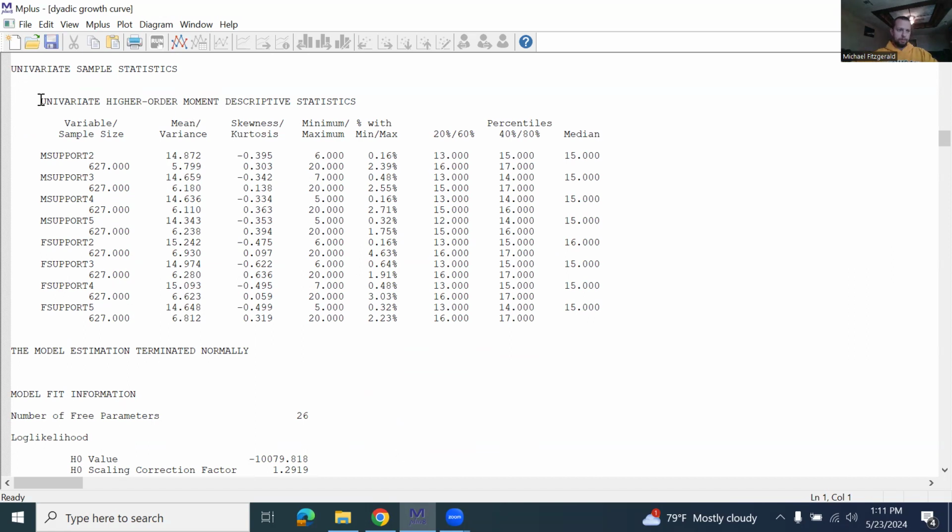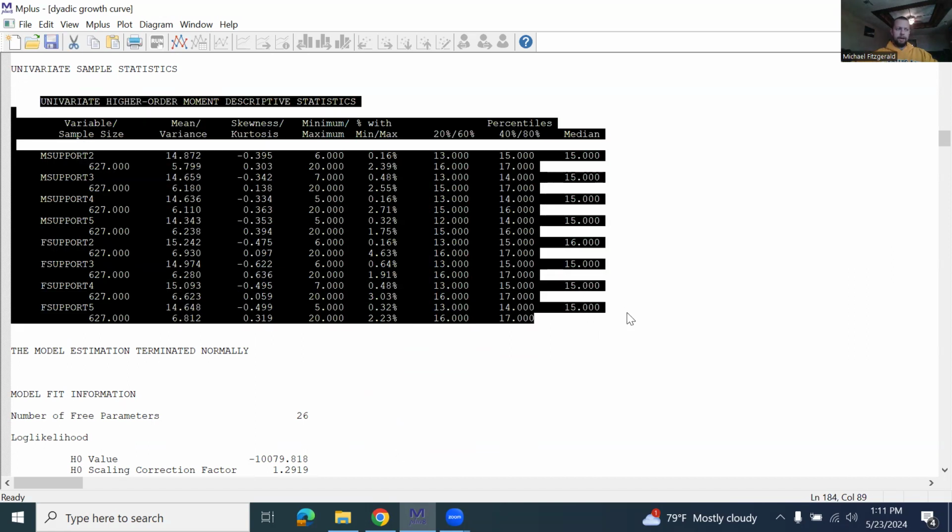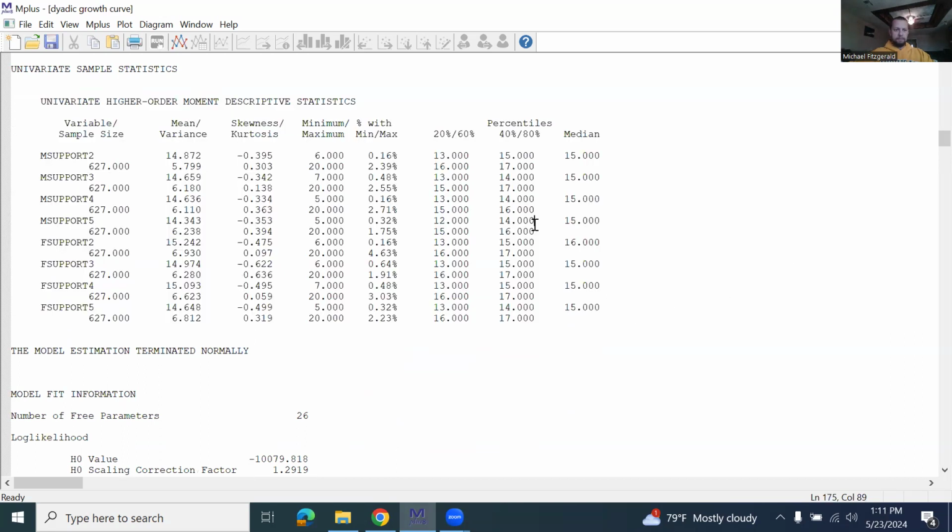Oftentimes I'll go here first just to be sure that I am not miscoding something. Perhaps I forgot to include a missing data label or whatever it might be. But oftentimes I will see that syntax error in my univariate statistics.